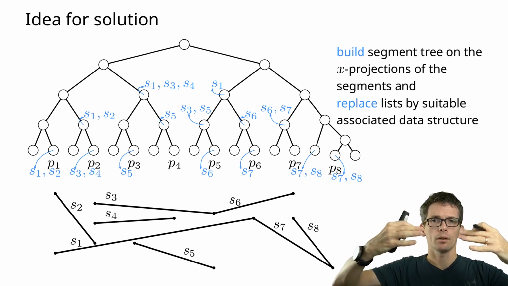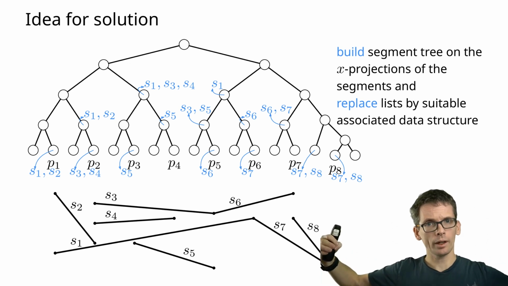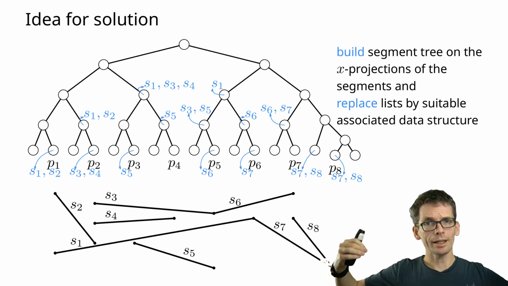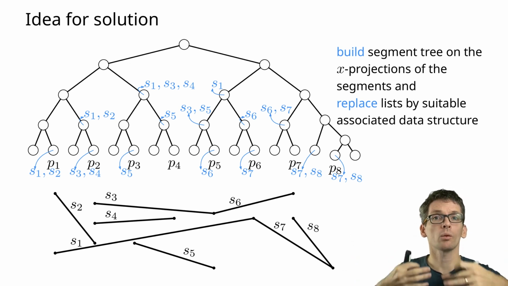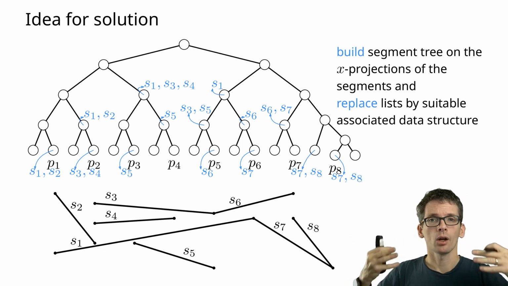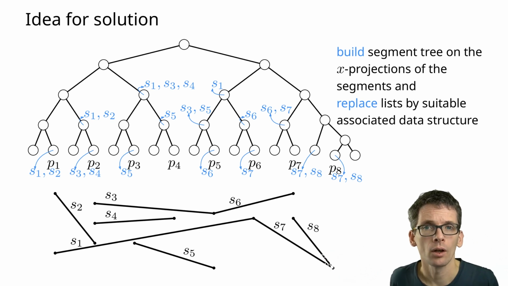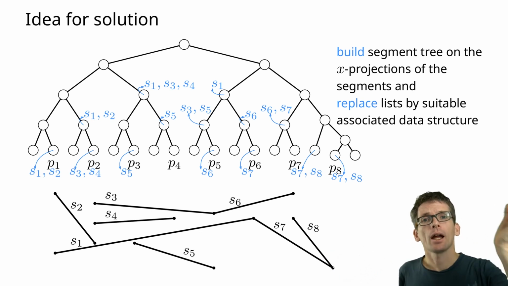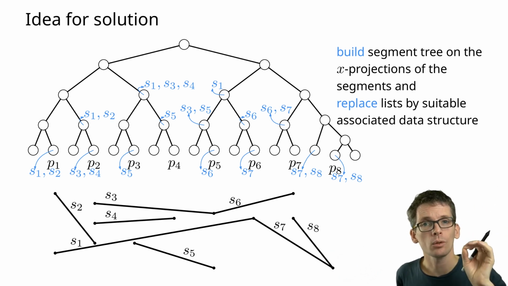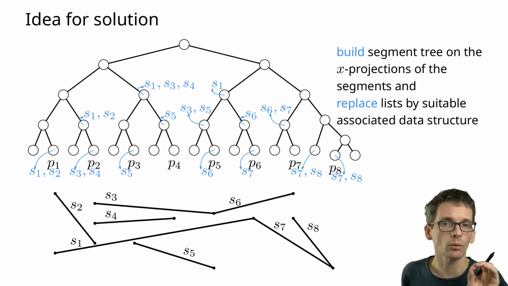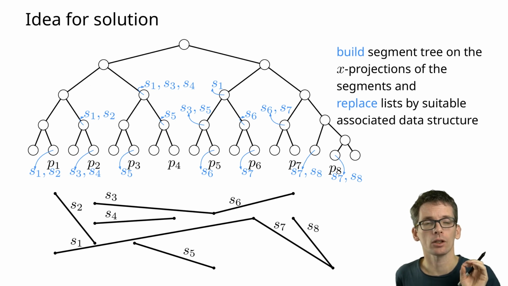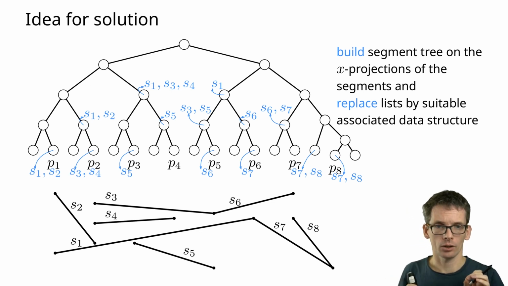Now we essentially project them into 1D space and build a 1D segment tree. Or stated differently, we build a 1D segment tree on the x coordinates of these segments. And now we need to think about what we can use as associated data structure.